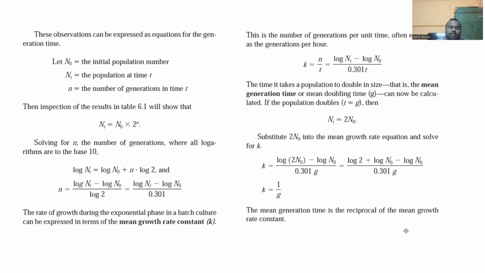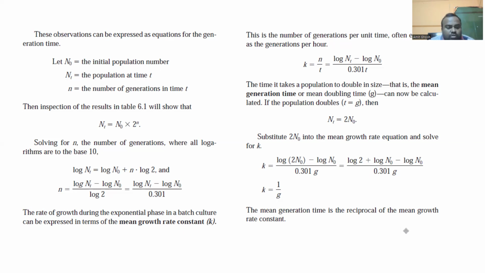So from here we can find n. So n is equal to log Nt minus log N0 divided by log 2. We know the log 2 value is 0.301. So n will be log Nt minus log N0 divided by 0.301.